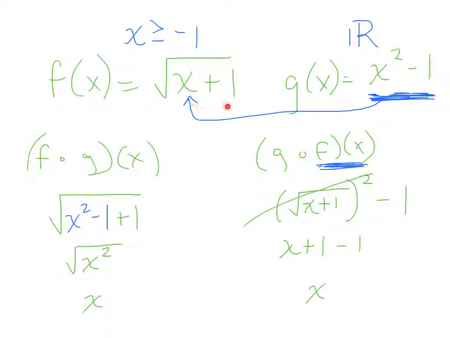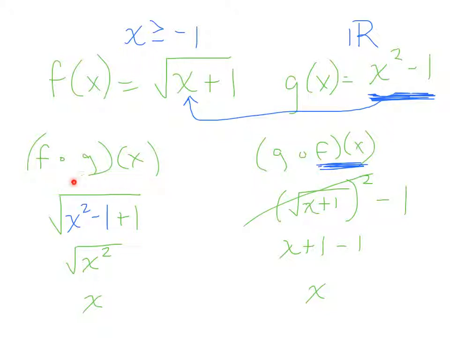So this graph doesn't even exist below -1. So these two functions are only going to be inverses where x is greater than or equal to -1. And you can graph those in your graphing calculator. You'll see what I mean. You'll notice that they are reflections. We did this in class. They're reflections of each other except less than -1. Then they don't reflect because this one's not there.